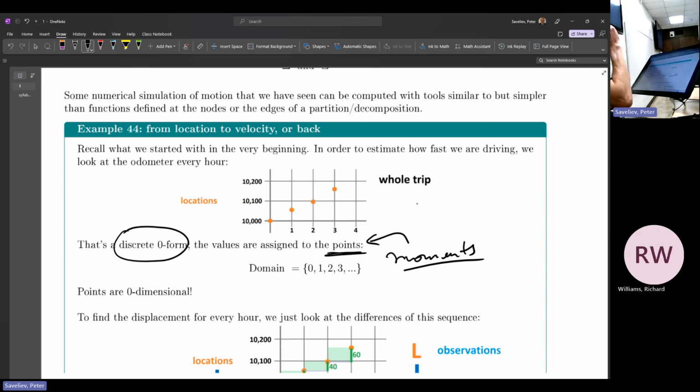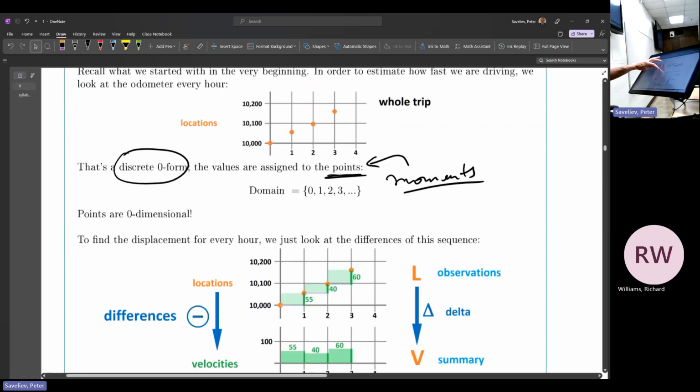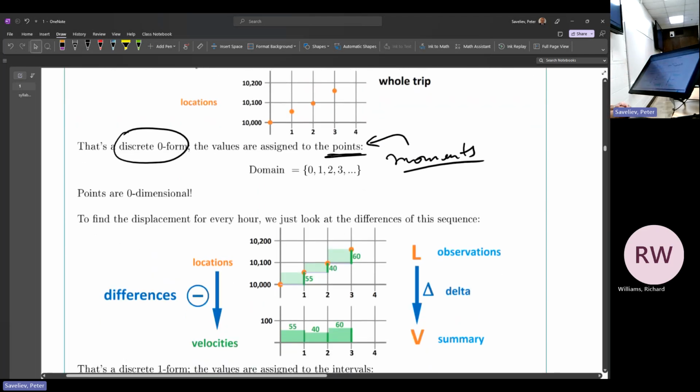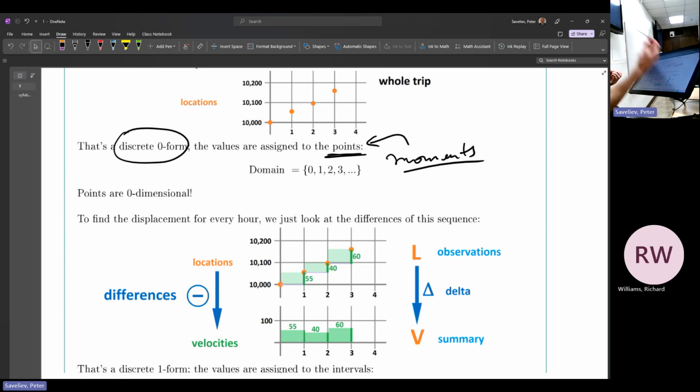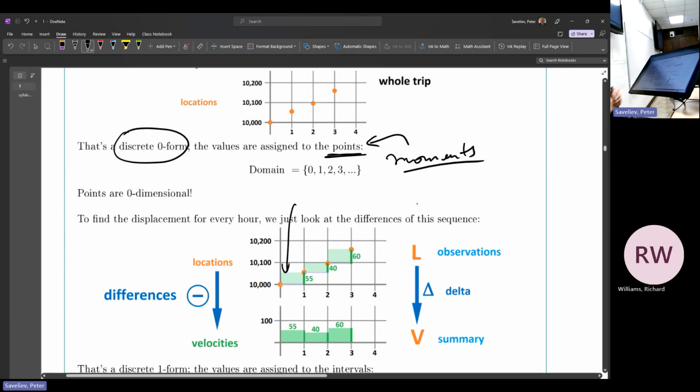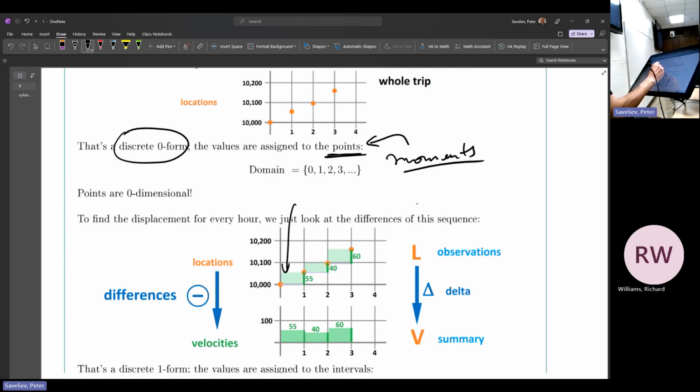This seems a little unjustifiably complicated, but if we move on to the velocity, we see that the difference between velocities as we understand them and locations is significant, because the velocity applies to the whole interval, not a moment of time. So on intervals, I assume that during the first, say, hour, we were moving at 5 miles per hour. So it's an interval.